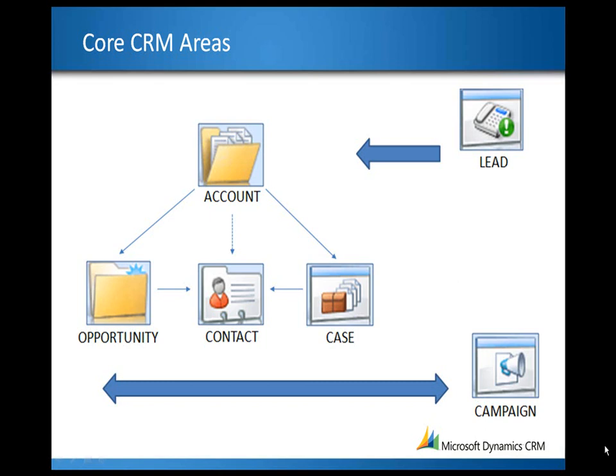Once we've got that account as a customer, we may also need to keep track of any cases or complaints or issues that are associated to that particular account. We can store these in the case area and again fire off some workflow if we need to, fire off any escalations and keep track of any activities and notes and history.